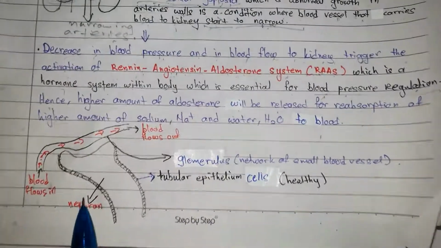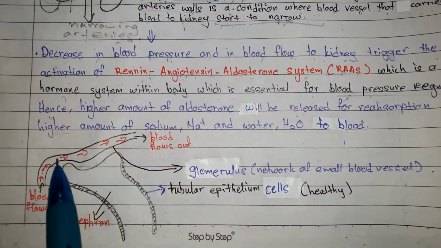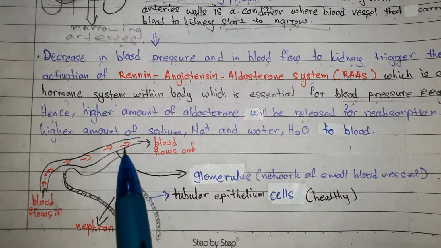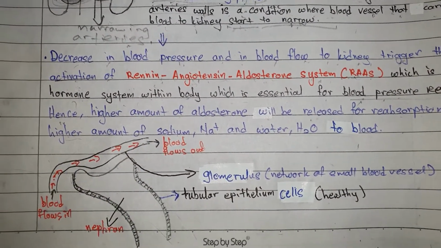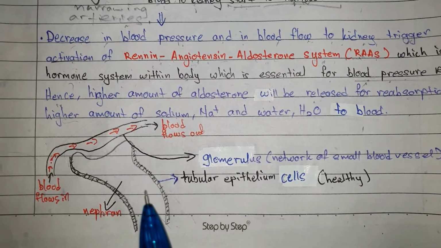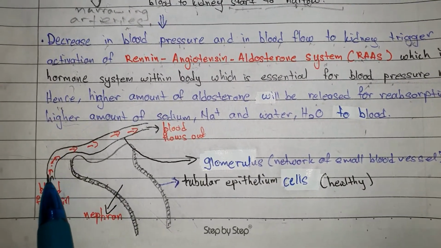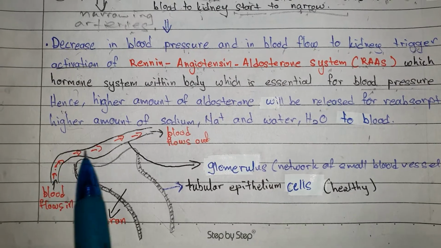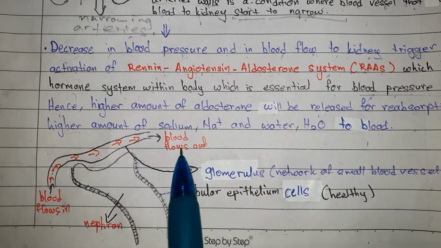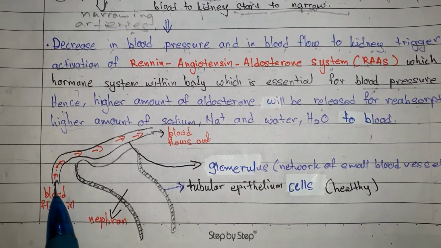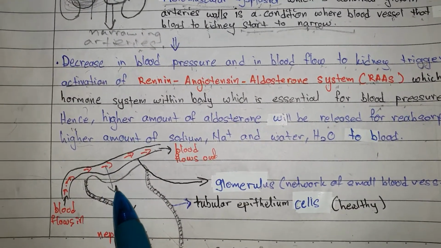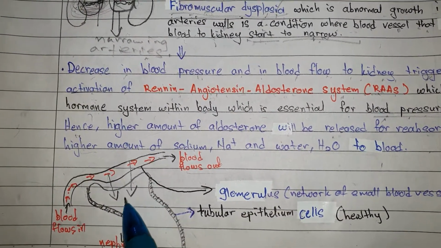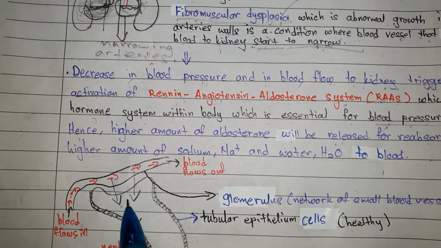This is a small drawing. This is a nephron and this is a glomerulus. I didn't draw the whole nephron, so this is just one part of the nephron. Whenever there is blood flow through the afferent artery, the BUN, blood urea nitrogen, and creatinine are filtered through these nephrons.